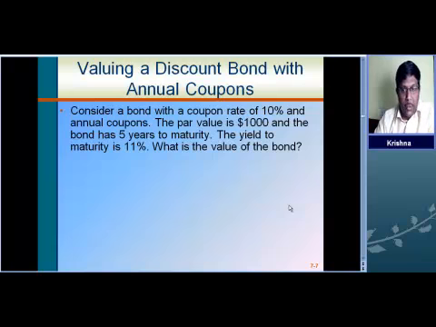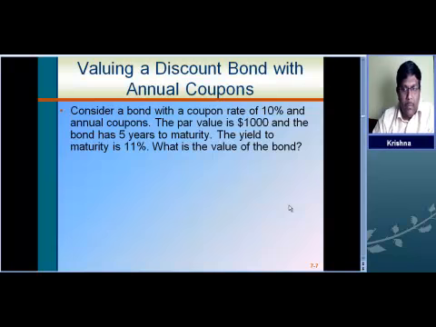It may be a 10 years bond also, but the years left to maturity is 5 years. That only we have to consider here. The yield to maturity, that is YTM, they have given already. As I told, for the discounting purpose we have to take YTM only, that is 11%.